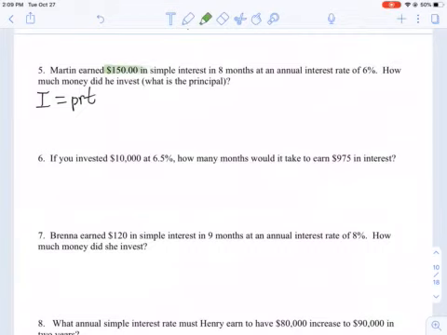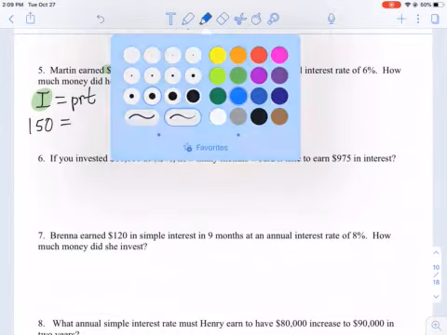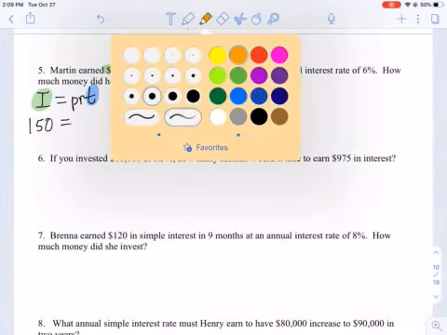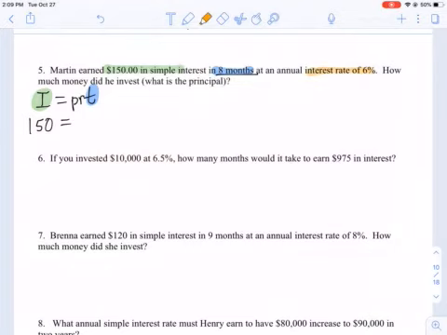So they told us what the interest is. They told us how long it's been in there for. And they told us what the rate is. What we need to figure out is how much did they invest? What's the principal? So we're going to plug in what we know and work backwards to solve.